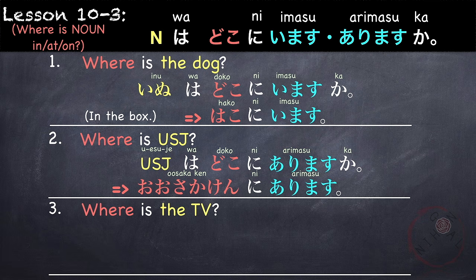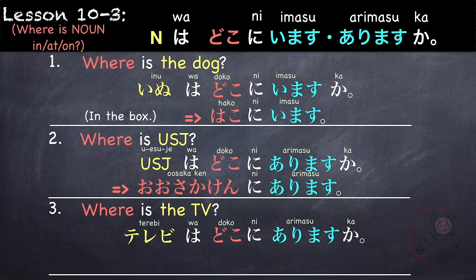Where is the TV? Terebi wa doko ni arimasu ka? Shinshitsu desu, or in the bedroom. Shinshitsu desu. Bedroom desu. Like I said, you can replace nani nani ni arimasu with just desu.